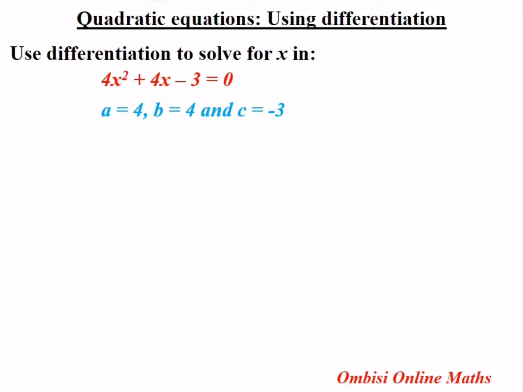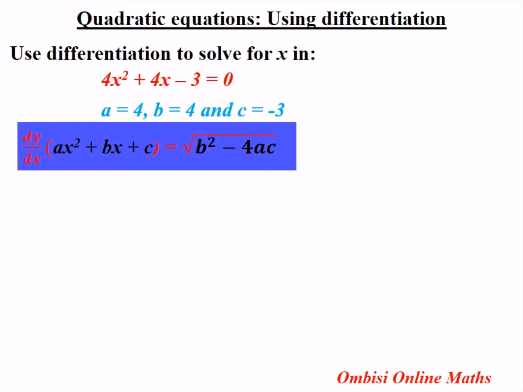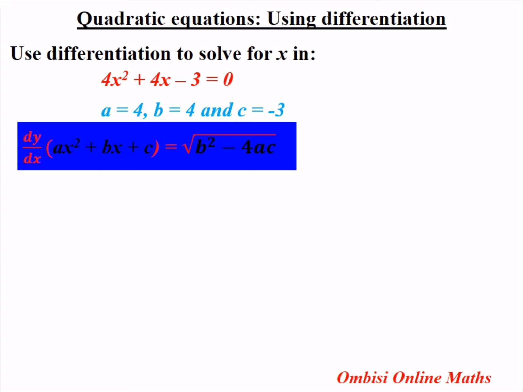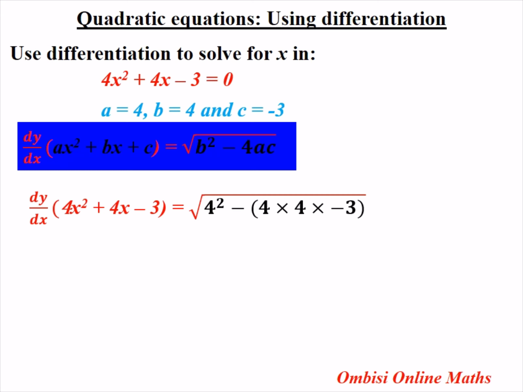Recall the formula that the derivative of ax squared plus bx plus c is equal to the root of the discriminant. So the derivative of that equation gives 8x plus 4 equals the square root of 64, which is plus or minus 8.